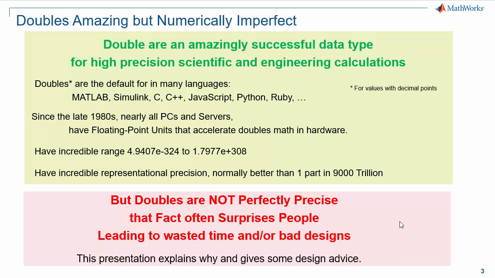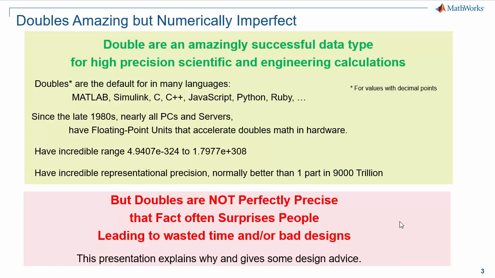So first off, doubles are an amazingly successful data type for high precision scientific and engineering calculations. Doubles are the default for many languages, including MATLAB, Simulink, C++, and so forth. Since the 1980s, it's been nearly impossible to buy a personal computer that doesn't have hardware acceleration for floating point math, including doubles.